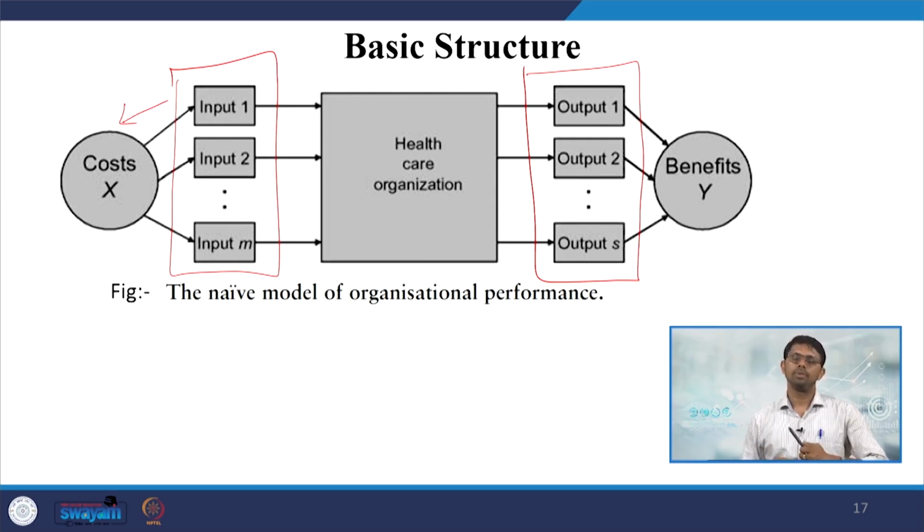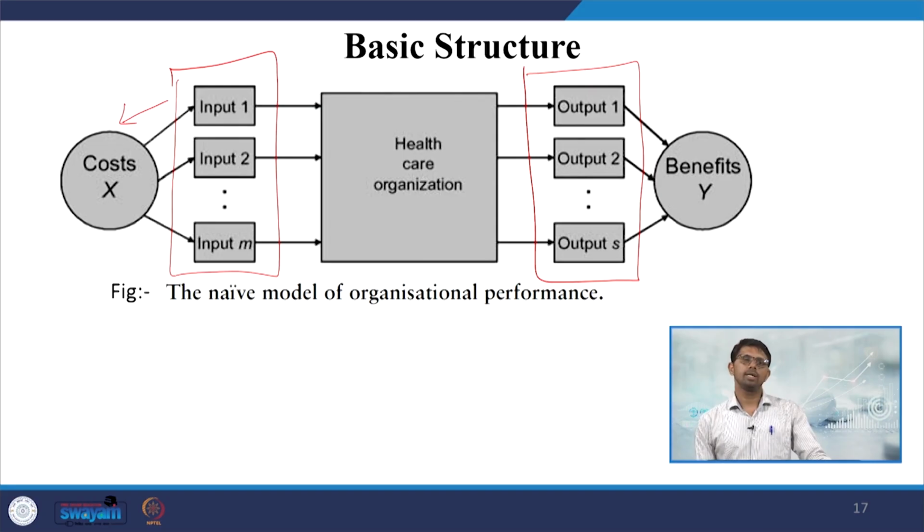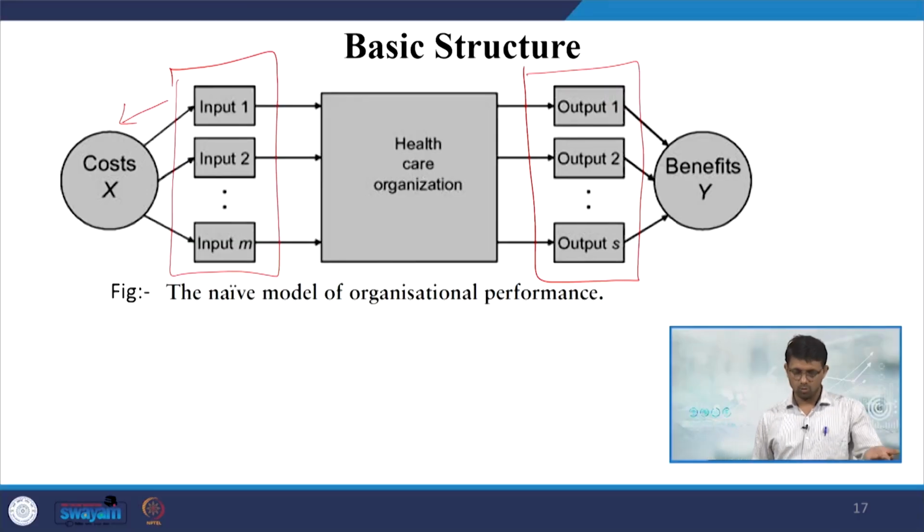If that can be numerically presented, it can also be considered an output. On the input side, there are a number of ways we understand it in healthcare. Input may be doctor to patient ratio, or maybe hospital beds, etc., out of a proportion. There are various ways by which we can understand the organizational set to understand the production and efficiency analysis.